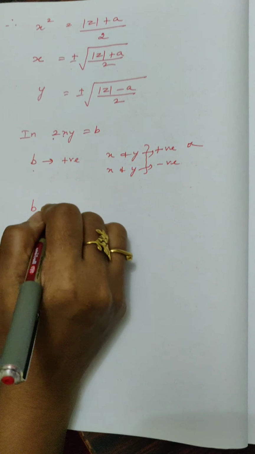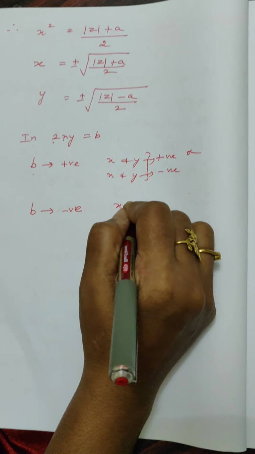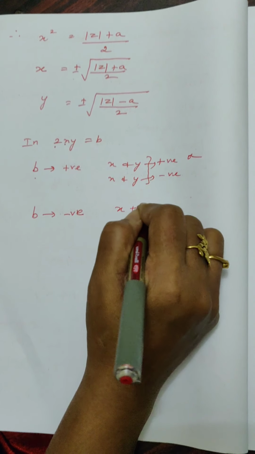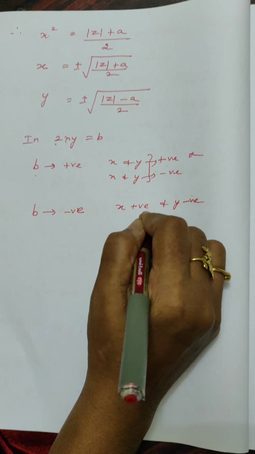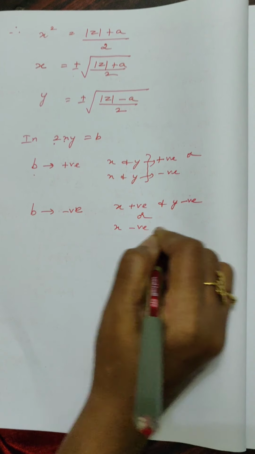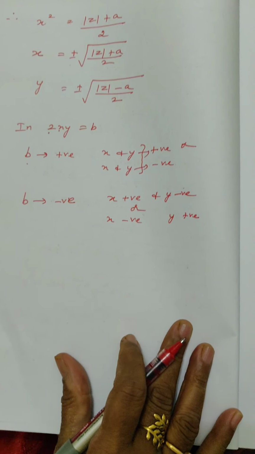Clear now? X and y positive or x and y negative, we will get b positive. Similarly, b negative means x positive and y negative, or x negative and y positive. So instead of writing like this, I am going to write in a simple way.